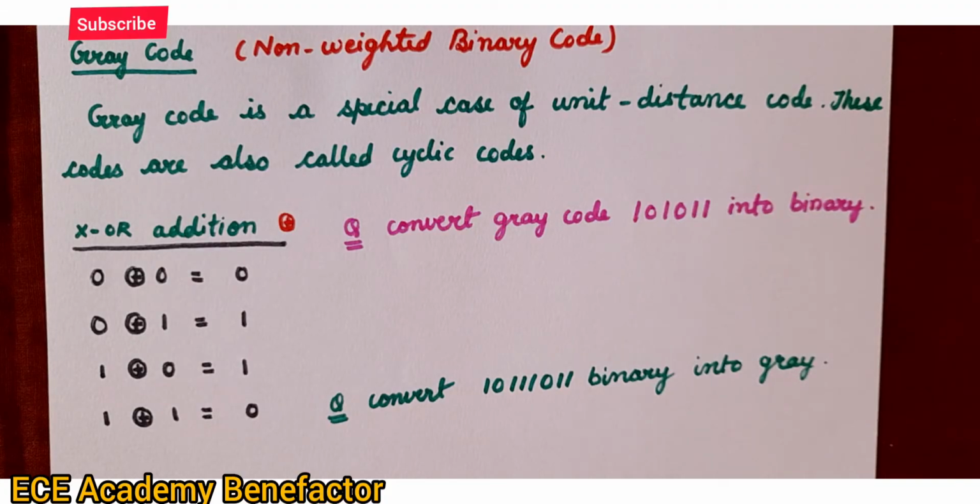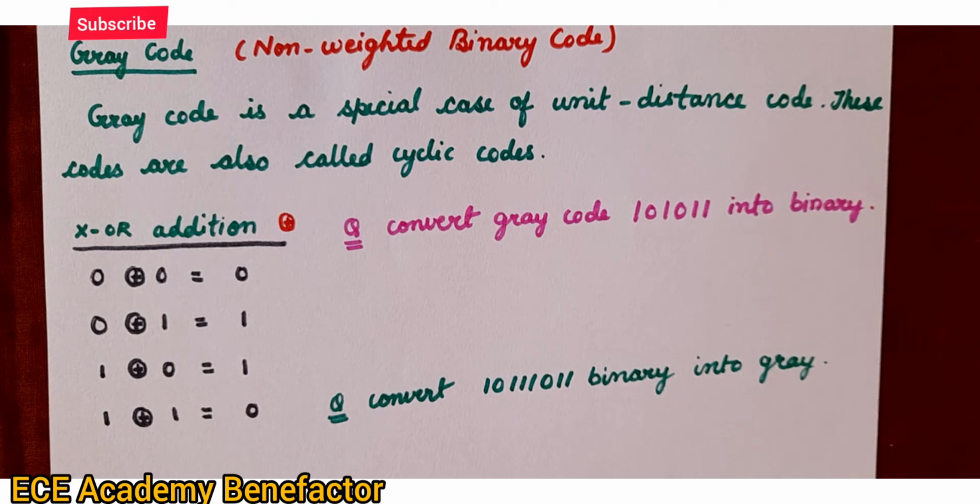In this class I will be explaining about Gray code. It's a non-weighted binary code. In our previous class we have seen binary codes are of 5 types: weighted codes, non-weighted codes, reflective codes, error detecting, error correcting codes, and so on.